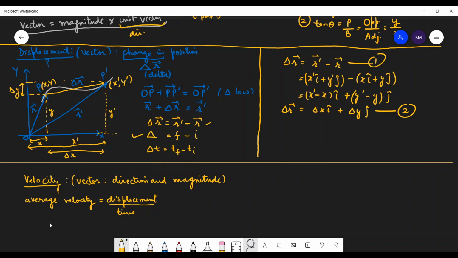Now, in terms of symbols, velocity is a vector, so I will put an arrow on it, and as it is average, I will put a bar. Displacement vector we already know is written as delta r vector divided by delta t. As time is a scalar quantity, we are not putting a vector symbol over the t.